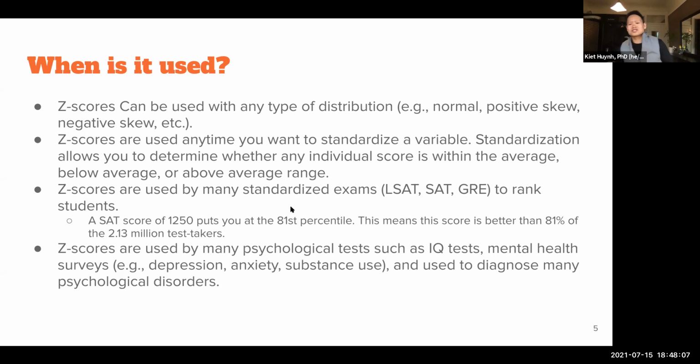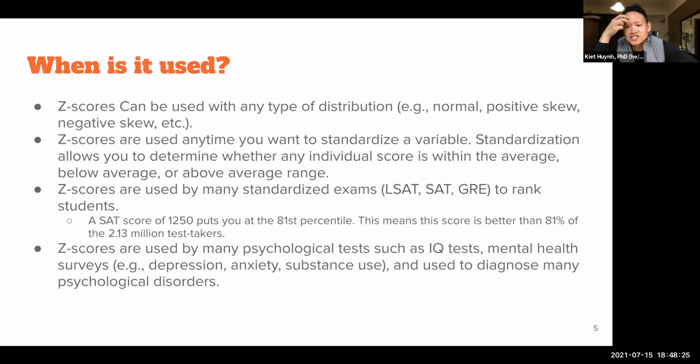So z-scores could be used with any type of distribution. You remember when we plot a set of scores or a variable on a histogram, we get to see a lot of different shapes. A normal curve is the symmetrical one, where it's even on the left side and the right side.